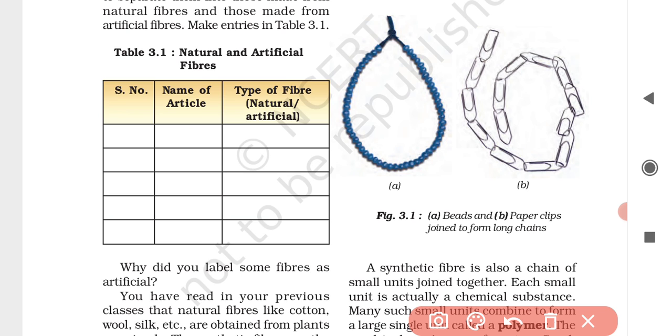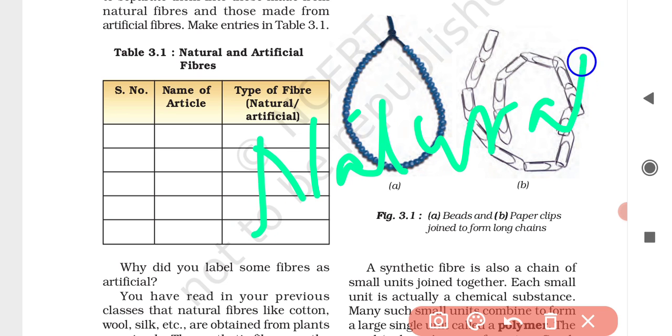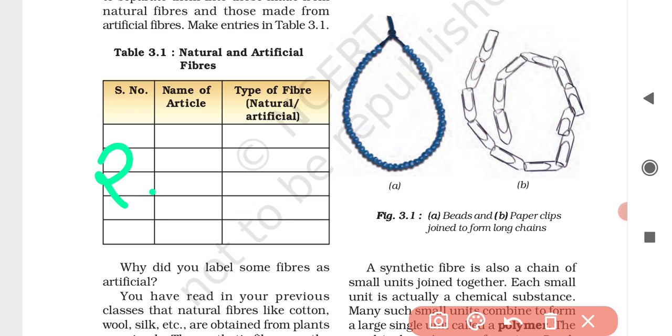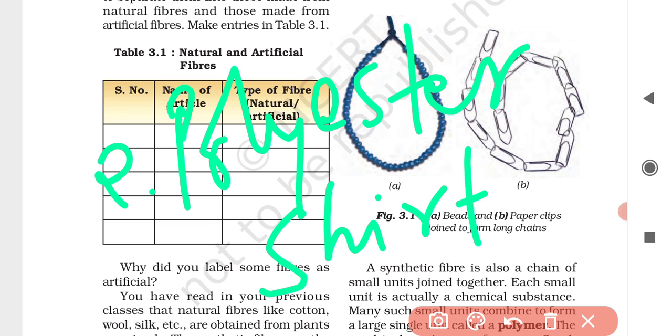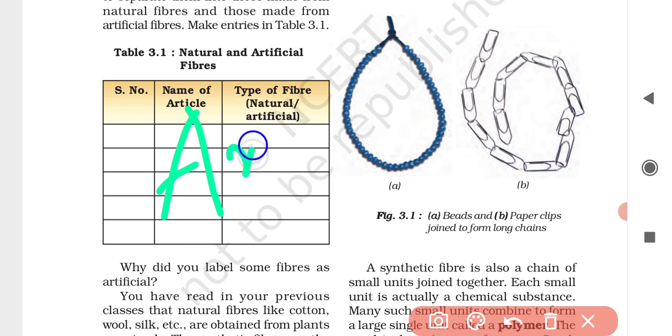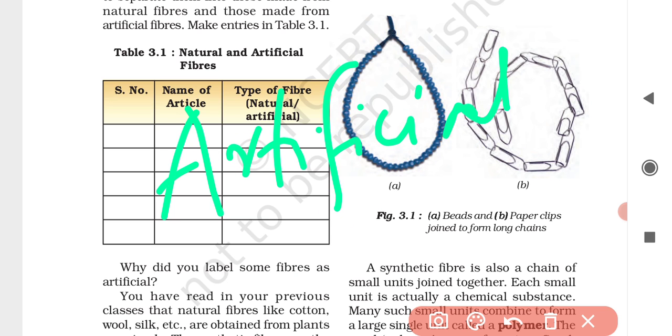Is it natural or artificial? It is natural. Then serial number 2, polyester shirt. What is its type? It is artificial. Polyester is an artificial fiber.